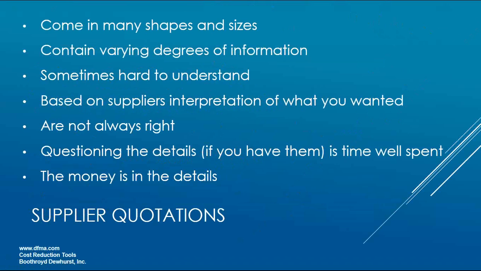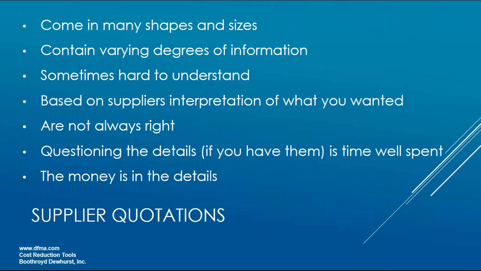So in getting good at doing this with DFM, you have to develop a confidence in yourself that you feel good about your estimate. And when a supplier quote comes in and it's 3 times higher than your estimate, that doesn't mean your estimate using DFM was wrong. It means that there's some opportunity for the next bullet, which is questioning the details.